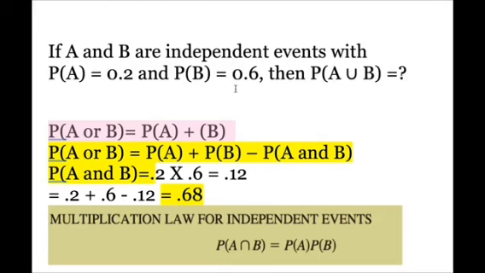Mutually exclusive events are dependent events. So in order to solve this problem, we first found the probability of A and B occurring using the multiplication law for independent events. Once we found this information, we went back to the second formula here. We plugged in the values and we found that the probability of A or B occurring is 0.68.